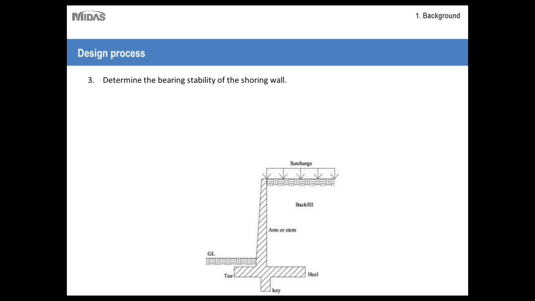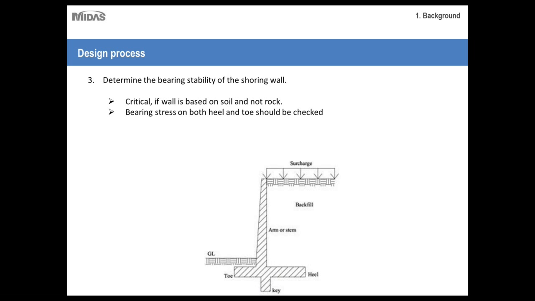Then let's move on to the third step, where we have to determine the bearing stability of the shoring wall. Now, if this is our retaining wall or the supporting system here, we must check the bearing stability of the soil on which this wall is constructed. It is critical if your wall is based on soil and not on stable rock strata.